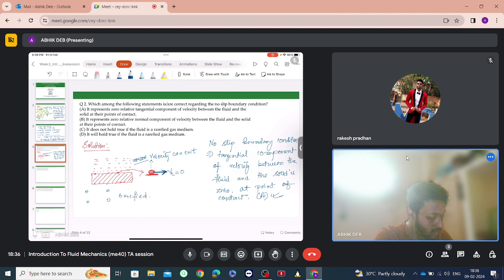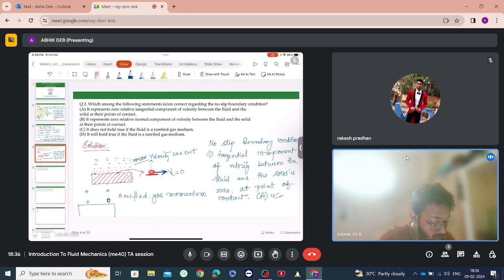If the momentum exchange is not sufficient, we cannot say that the fluid in contact with the solid is essentially at rest.